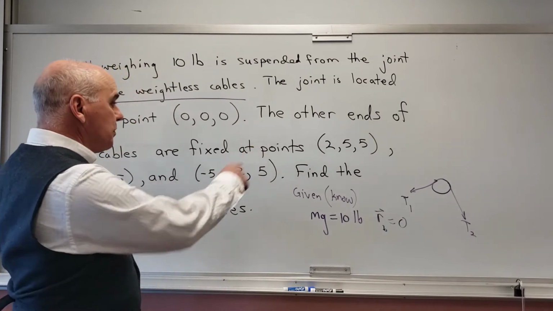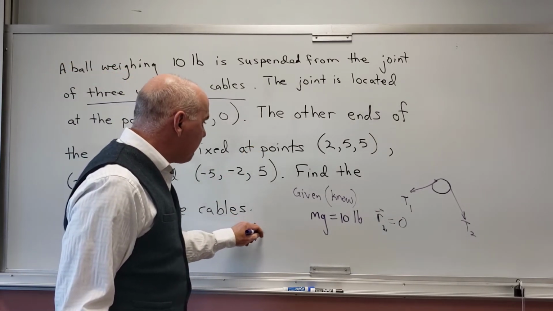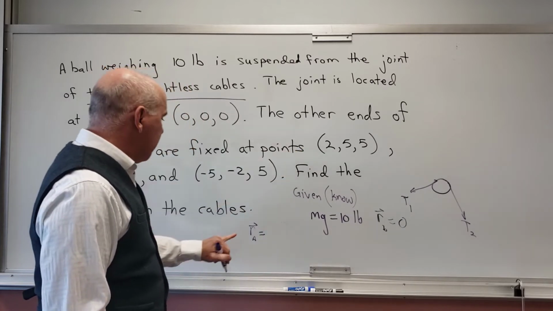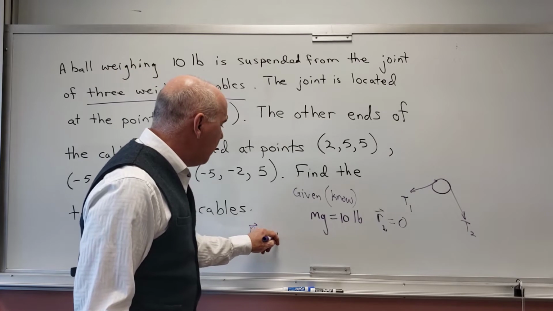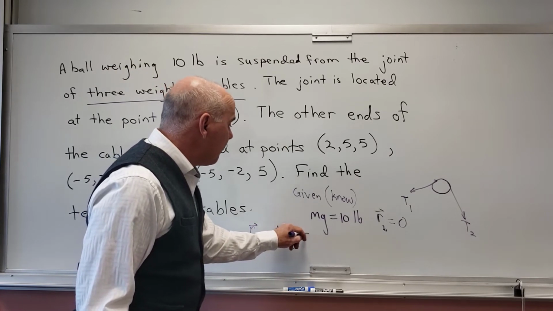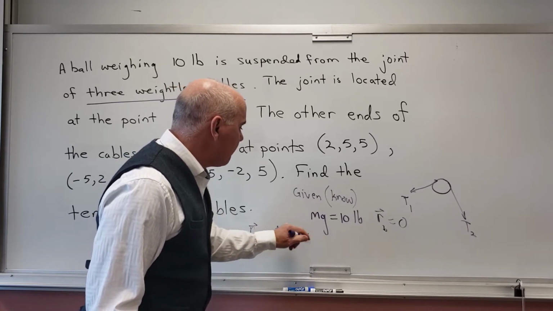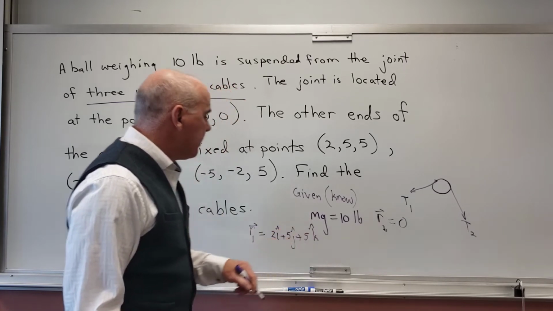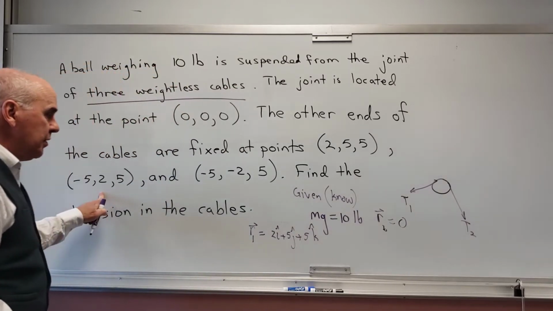But then there are these 3 points, and I'm going to call them R1. R1 is at 2I plus 5J plus 5K. So that's position number 1. Then position number 2 is over here.